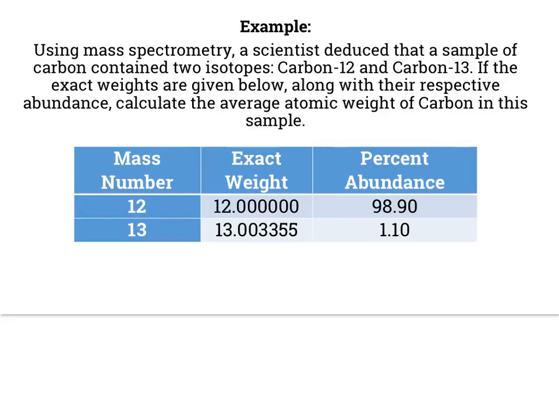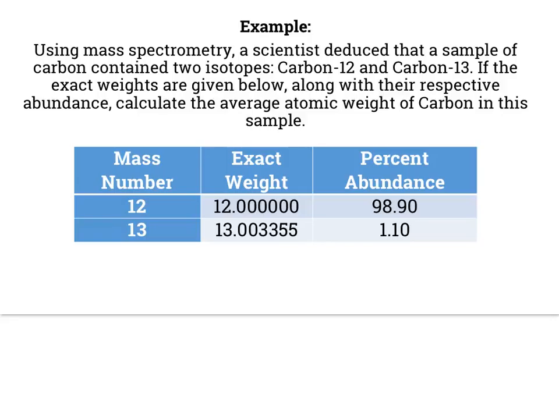So, using mass spectrometry, let me show you basically what we're doing. A scientist deduced that a sample of carbon contained two isotopes, carbon-12 and carbon-13. There's normally carbon-14, but in this example, we're not caring about it. If the exact weights are given below, along with their respective abundance, calculate the average atomic weight of carbon in the sample.